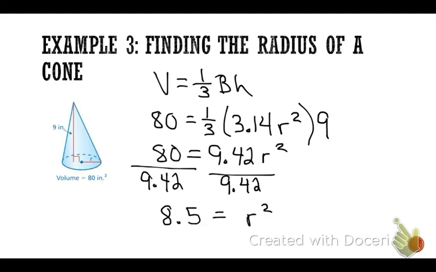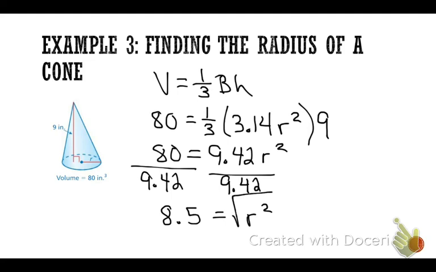This is where what we learned in the last chapter is going to be really important. Is 8.5 a perfect square? Is it a perfect square, guys? No, it's not. But it's really, really close to a perfect square. Which perfect square? 9. Can't I take the square root of 9 pretty easily?